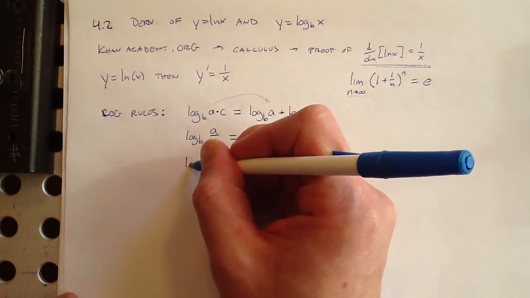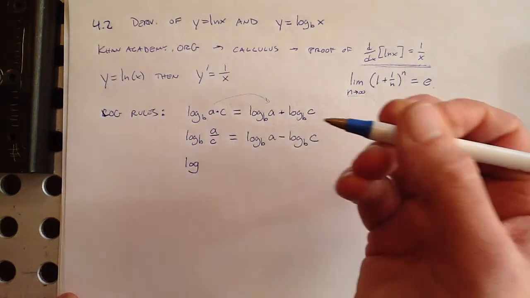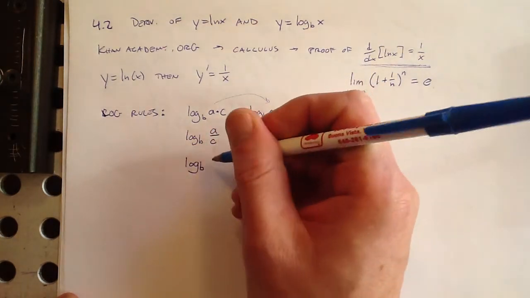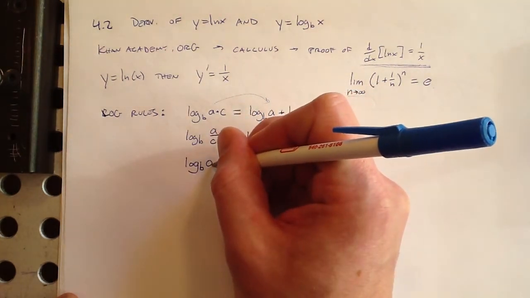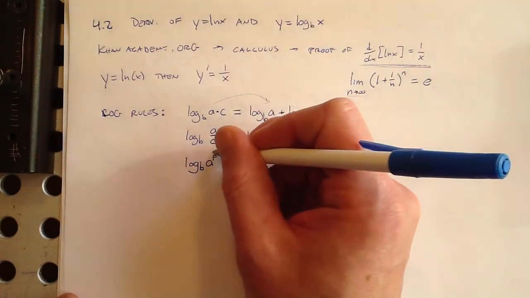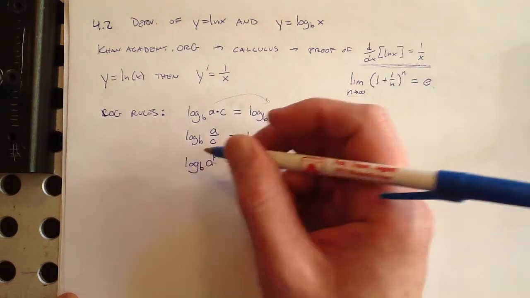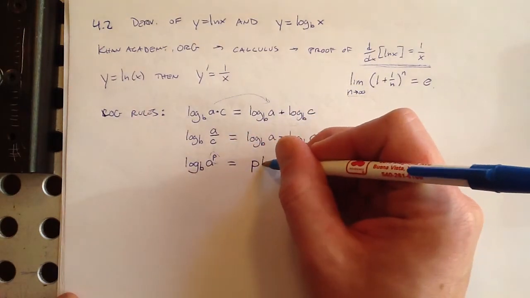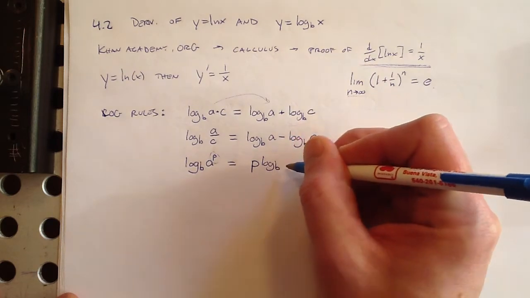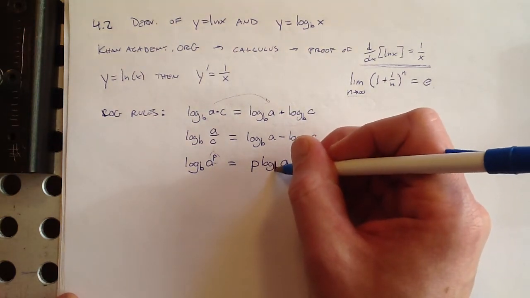If you try and can't manage to do it, then come talk to me about that. Third, if you have log base b of a to some power p, that power, we're going to use this rule a lot, can come to the front. Again, you should maybe try to prove that to yourself.